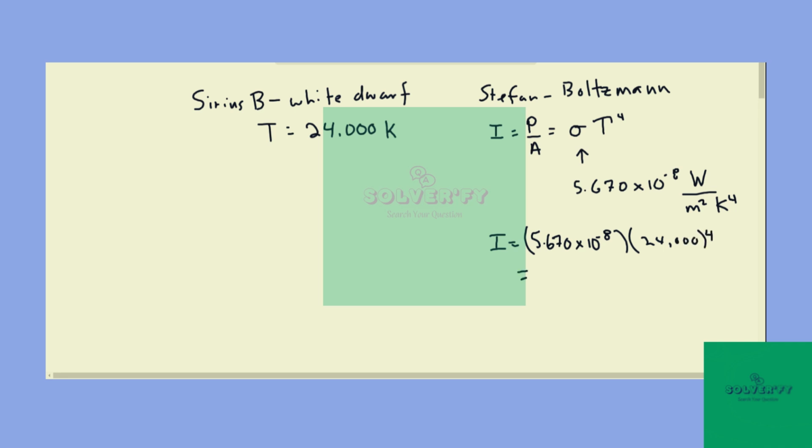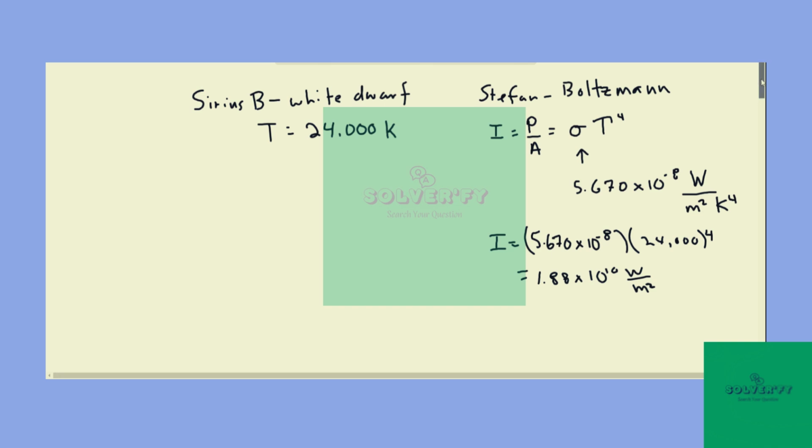So the intensity of Sirius B is 1.88 times 10 to the 10th watts per meter squared. And like I said, we don't have much feel for this.